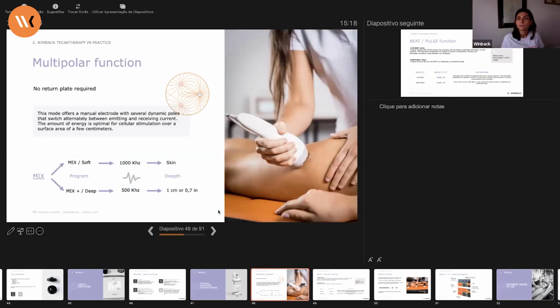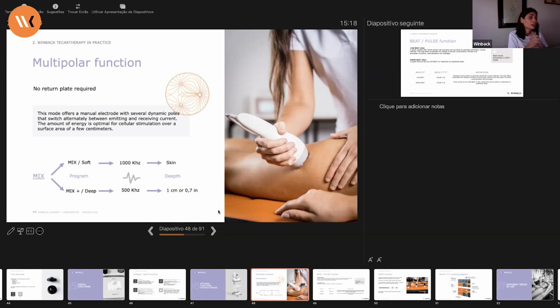Another optional function is the multipolar function. And what is the multipolar? With the multipolar, we have 3 little heads that change the stimulation between them. 2 are emitter and 1 is receptor, and they are changing between them every 3 seconds. With these heads, we don't need the return plates because they do the emission and the reception closes the circuit.